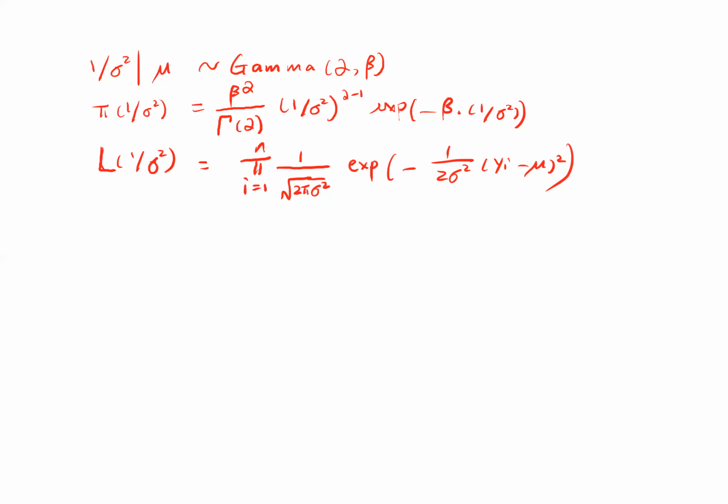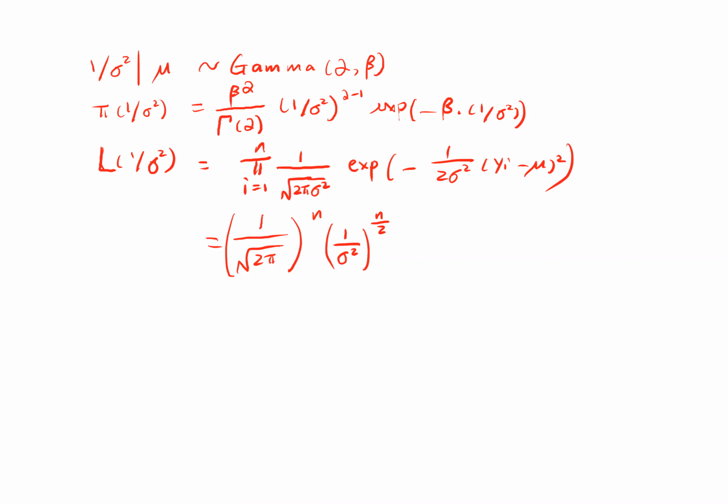We further simplify it, as we did last time. This becomes 1 over the square root of 2 pi to the power of n, and keep in mind that we write everything in terms of 1 over sigma squared, because that's the thing we want to recognize.